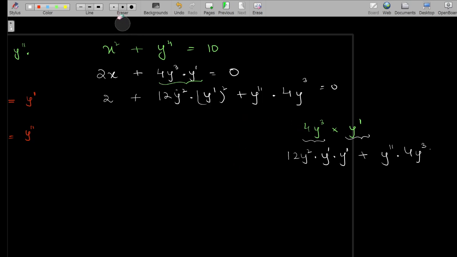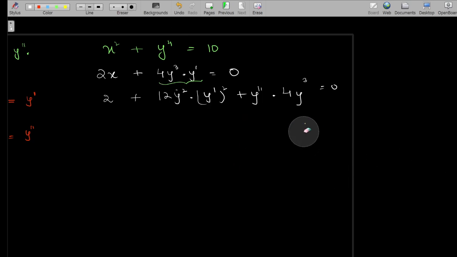Now Anika, from this step it would be really difficult to isolate y double prime. Can you isolate y double prime? I could first subtract the 12y squared times y prime squared term, move it to one side, and then divide the entire equation by 4y cubed.